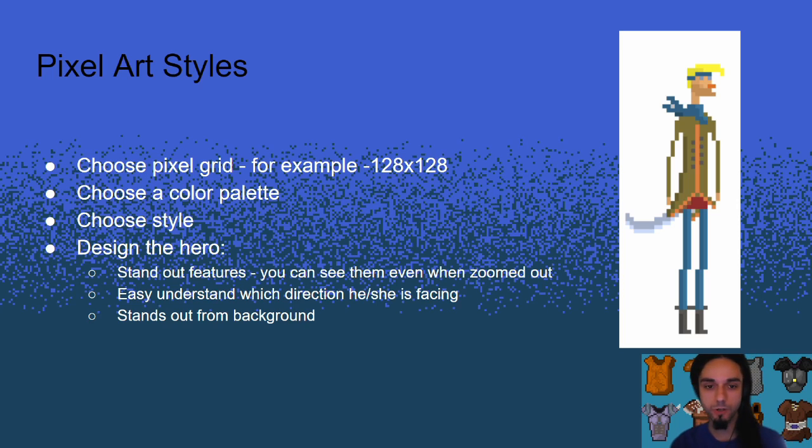Another thing would be to go even more in detail and put even more emphasis on the character. Go in the direction of maybe something like Monkey Island, where Guybrush Threepwood is very, very pronounced. You can straight away know that that is the main character, even if he's walking around and interacting with other characters.